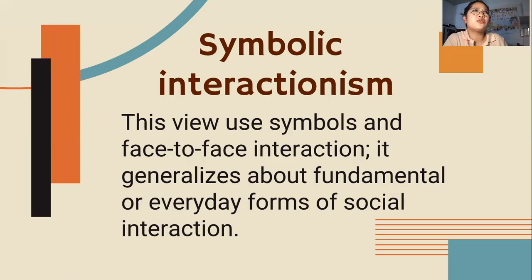These underscore the importance of your day-to-day transactions with other people and how symbols are important in the process of interacting with each other. I consider the use of language and other codes an important feature of symbolic interactionism, and the interaction per se would not transpire without the symbols. Okay, so that's symbolic interactionism.